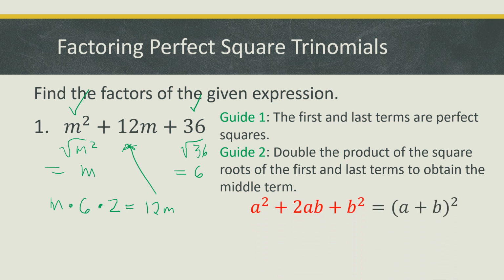And then, we can now use our formula: a squared plus 2ab plus b squared is equal to a plus b squared. We will set this as our a value, and this as our b value. So therefore, the answer is m plus 6 squared.